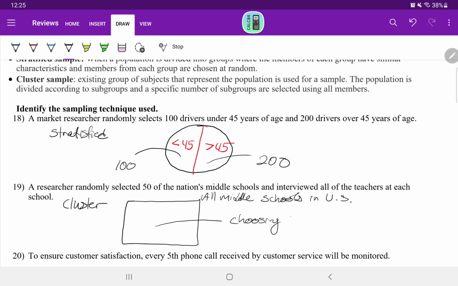I'm going to call middle schools MS. And when you're choosing the 50 middle schools from out of that population of all middle schools, you are surveying all teachers from each of those schools. You're surveying all teachers from those schools. That's why that is a cluster sampling.